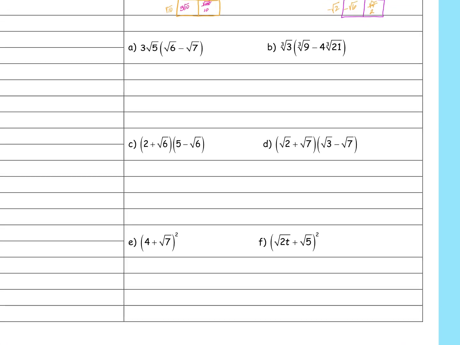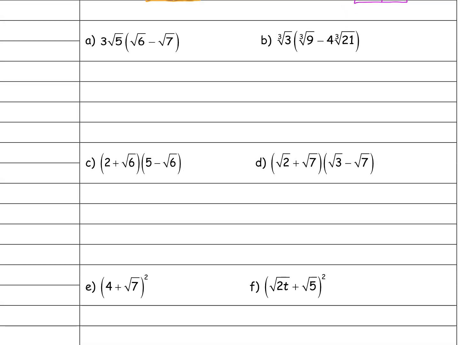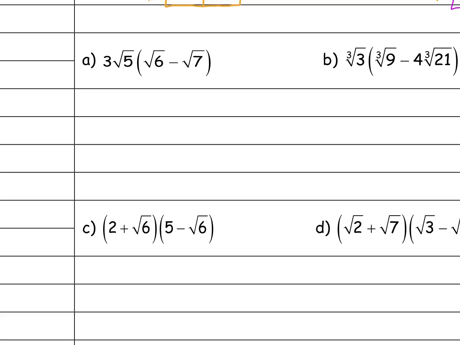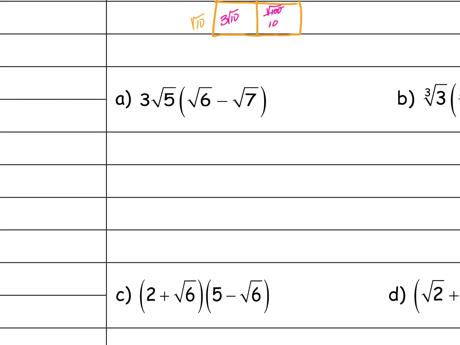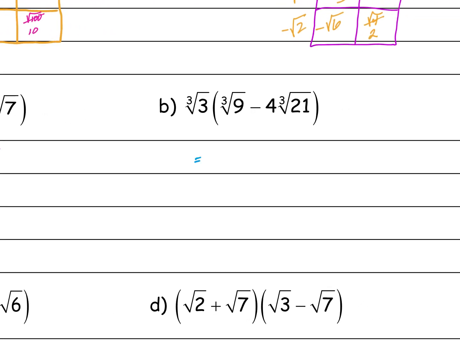All right, there's 6 problems to do. So number A is 3 square root of 30 minus 3 square root of 35. Done. Number B is 9 cubed root of 2.